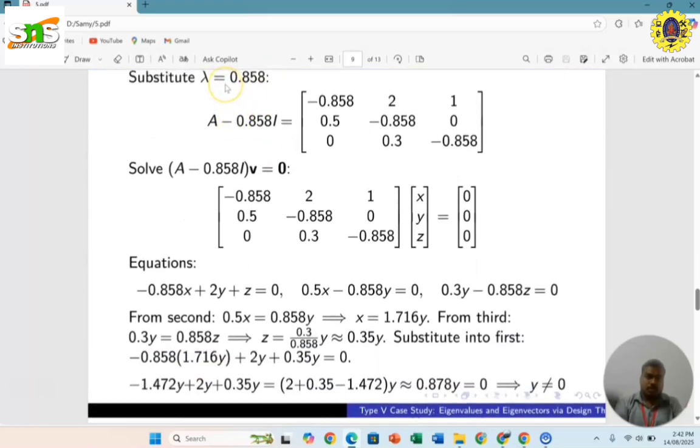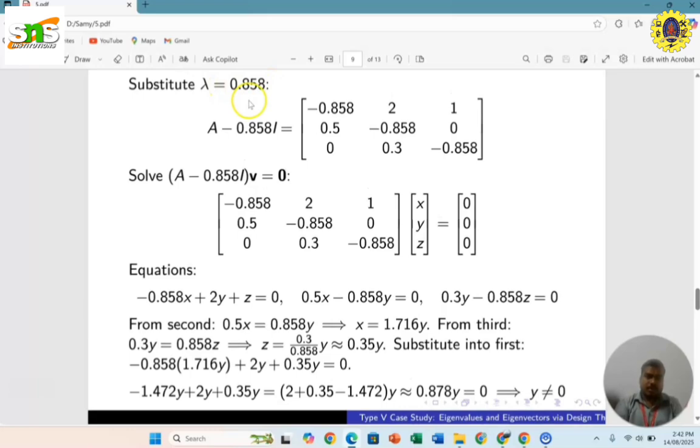Substitute lambda equal to 0.858 in A minus lambda I. We have this matrix, and we solve it with the vector x, y, z.